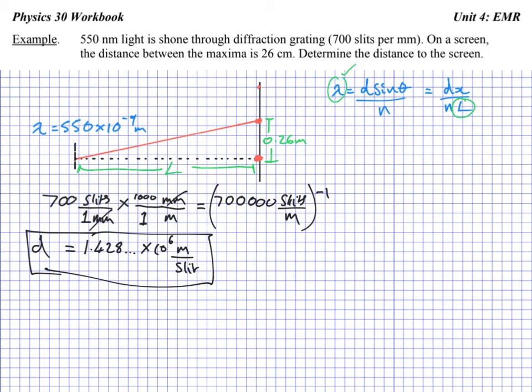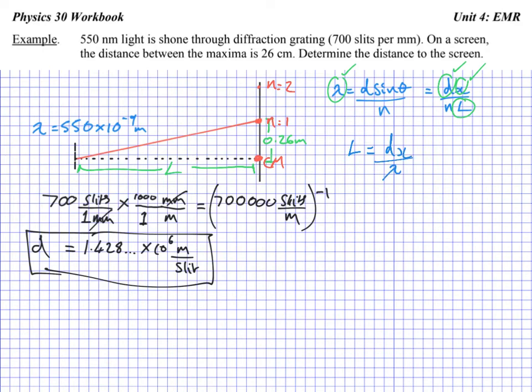I've got wavelength, I've got D, I've got X, and my N number is just 1. Because if I went ahead and labeled these, this is my central maxima, this is N1, this is my N2, and so on. So my N number is just 1, so I can kind of ignore that. So let's go ahead and solve now for L. L is going to be equal to dx over lambda.